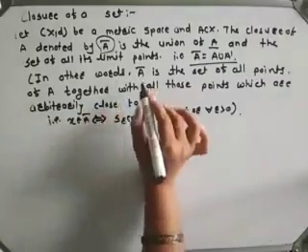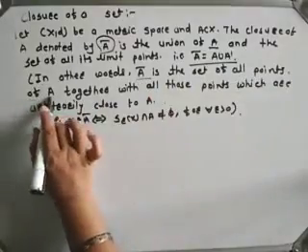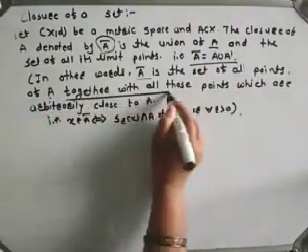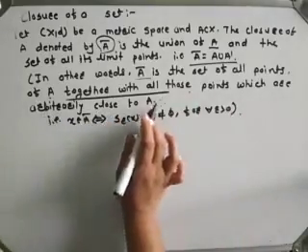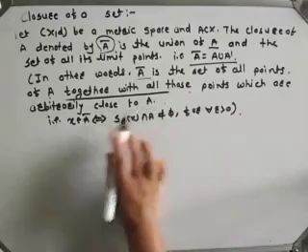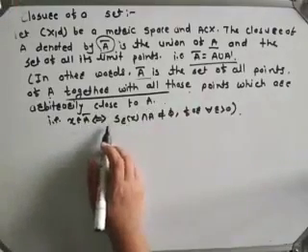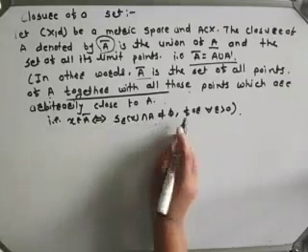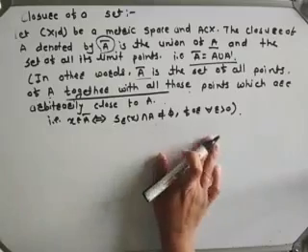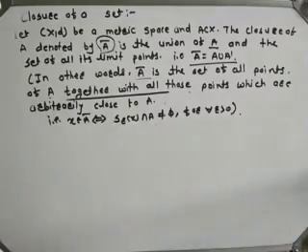In other words, A closure is the set of all points of A together with all those points which are arbitrarily close to A, meaning limit points of A. That is, x belongs to A closure if and only if S_r(x) intersection A is not equal to empty set for all r greater than 0.